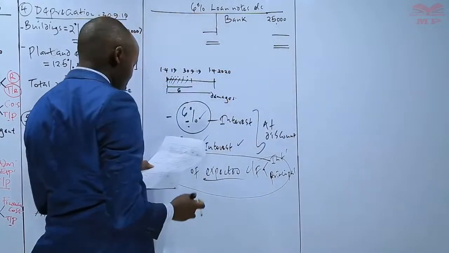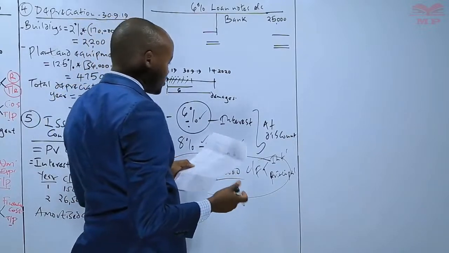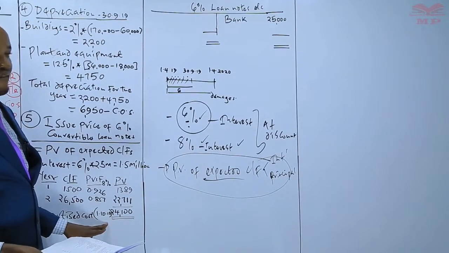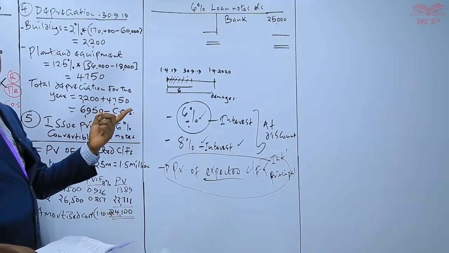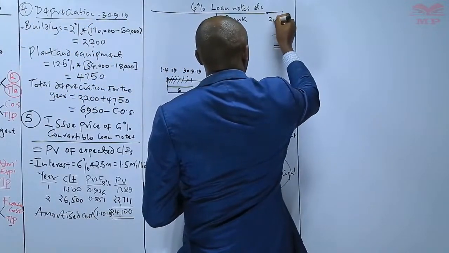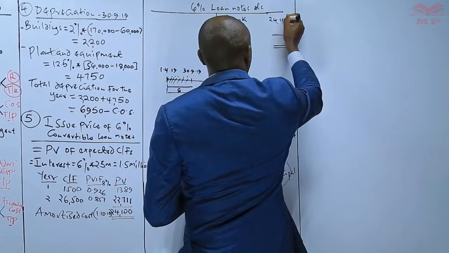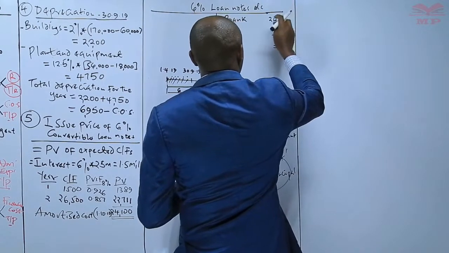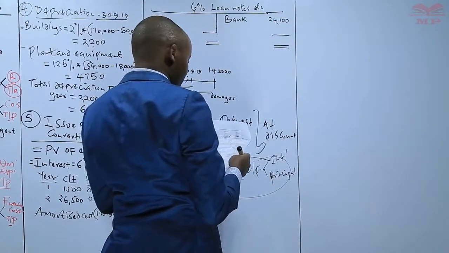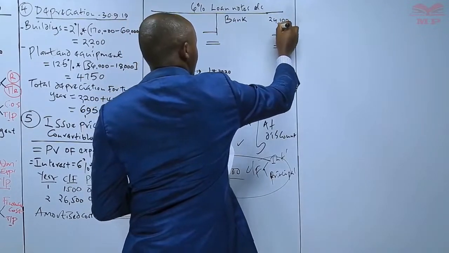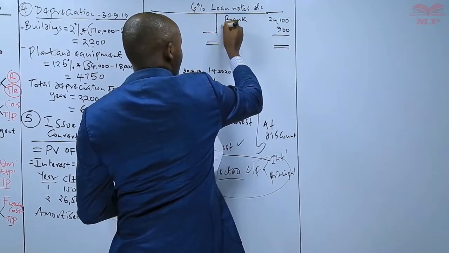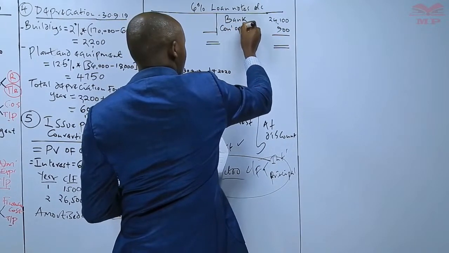Because when the company issued this particular 6% loan note, the amount received was this one, which was supposed to be debited in the bank account, and then credited in that account. So the amount supposed to be credited here was 24,100, but because the company had already accounted for 25,000, the difference, which is 900 here, is supposed to be recognized as a form of a reserve. In fact, we refer to that as the conversion option reserve.